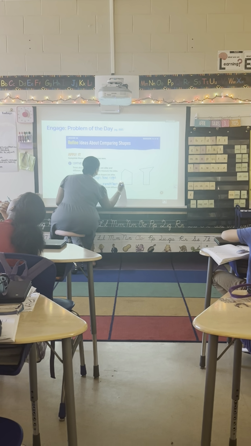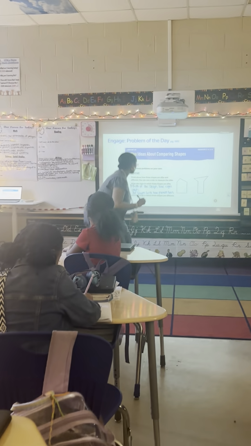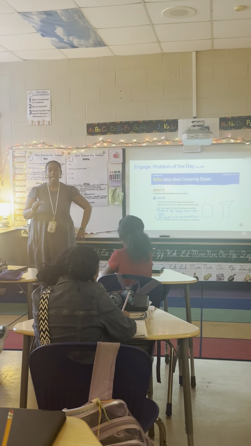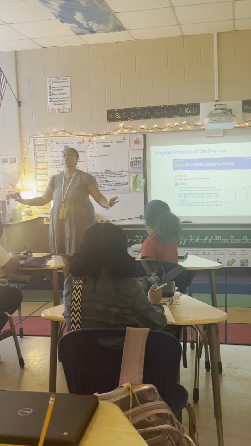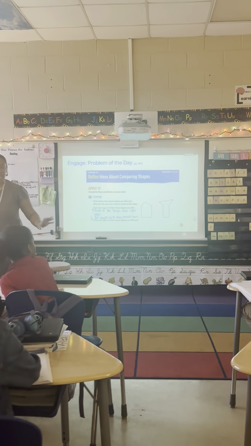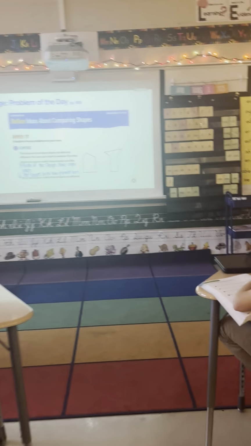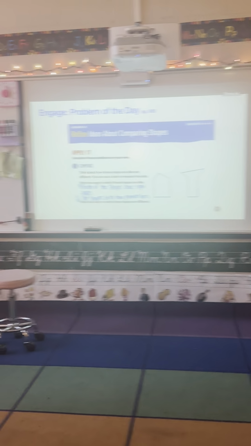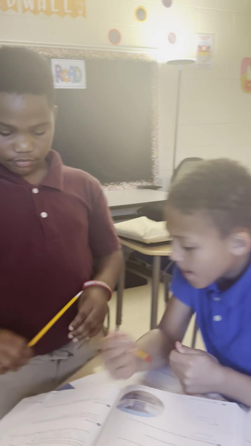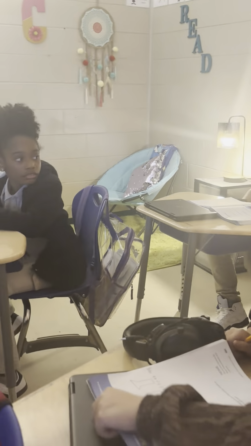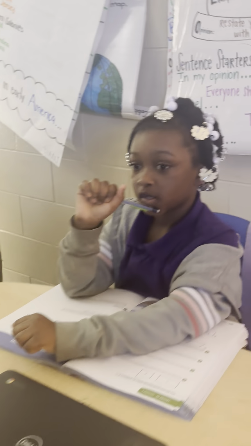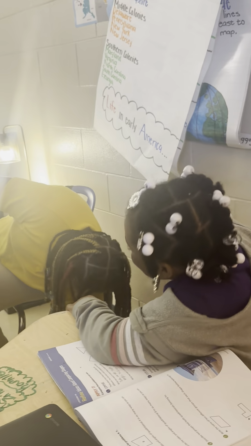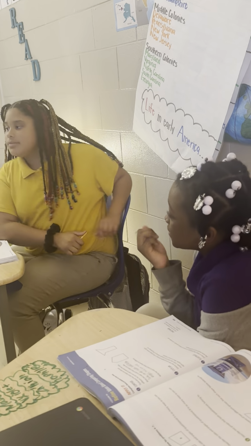All right. The second one asks you to write two ways in which these shapes are different. I want you to turn to the person next to you and softly talk about how they are different. Go. How do you think they're different?